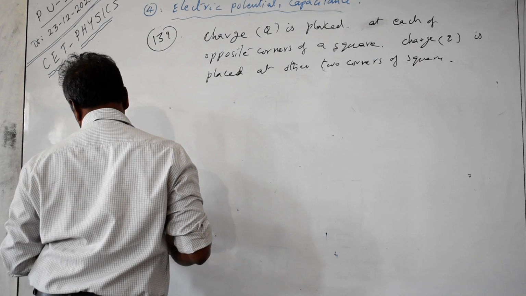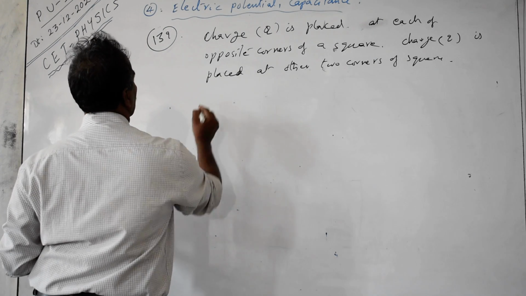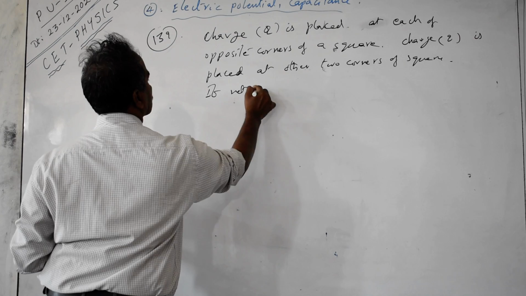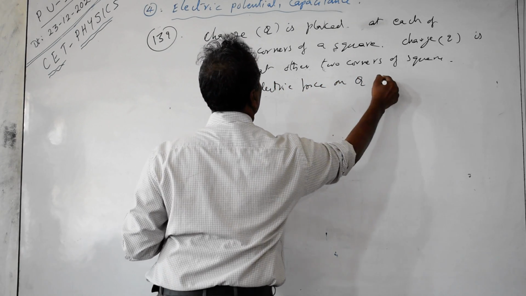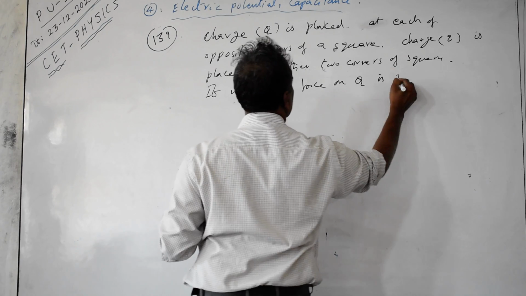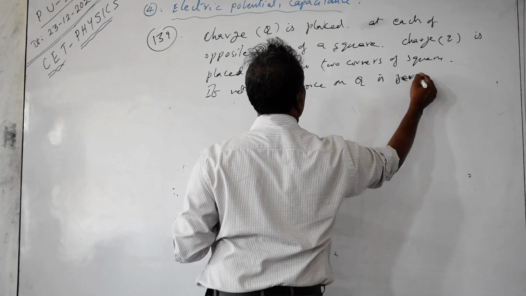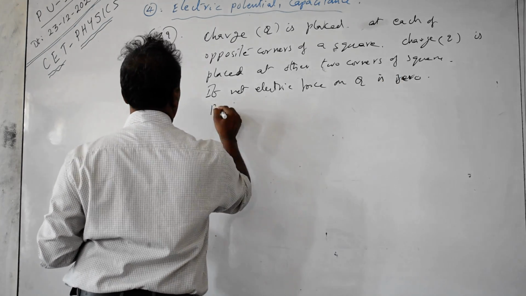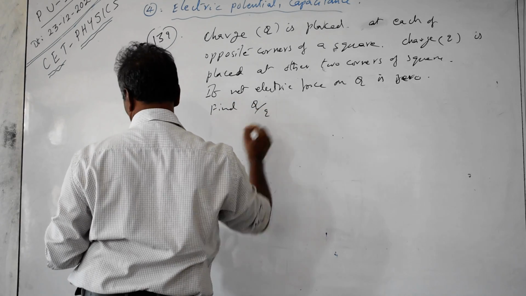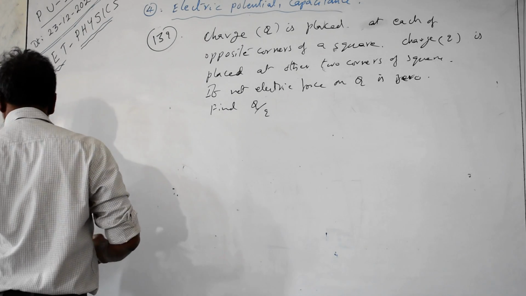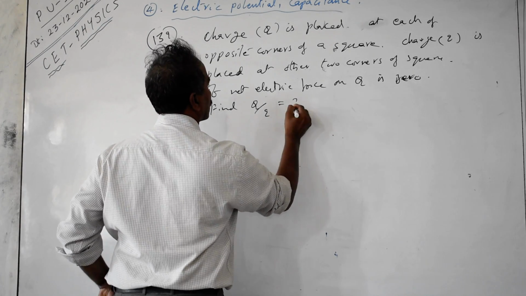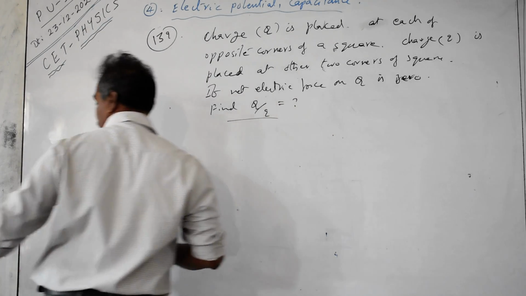If the net electric force on Q is 0, find the ratio q by Q, small q by capital Q, or capital by small q, that you have to verify. This thing you have to find out.